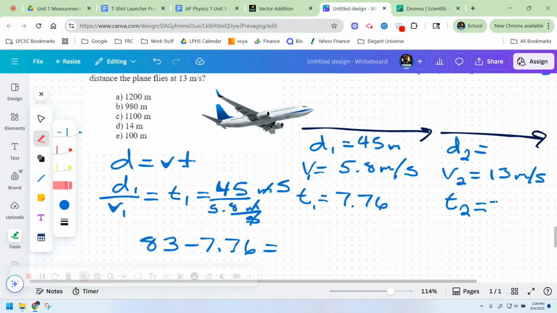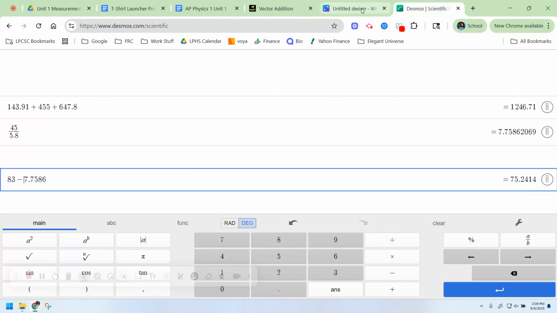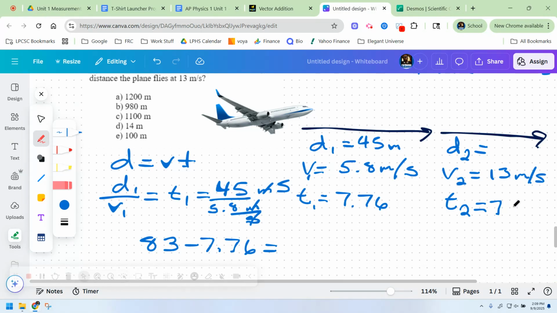So this is about 70, what was that again? 75.24 seconds. So remember that the distance will be equal to the velocity times the time.